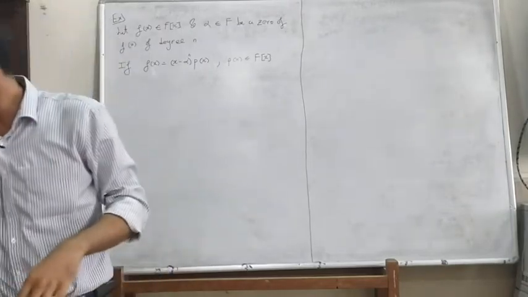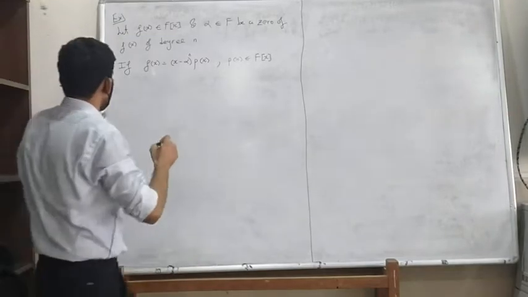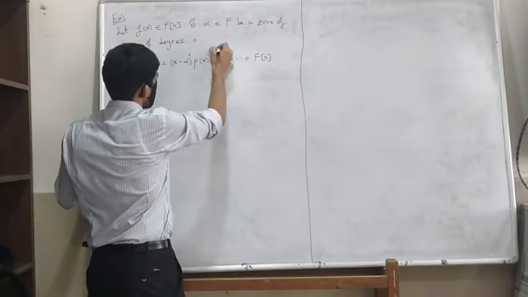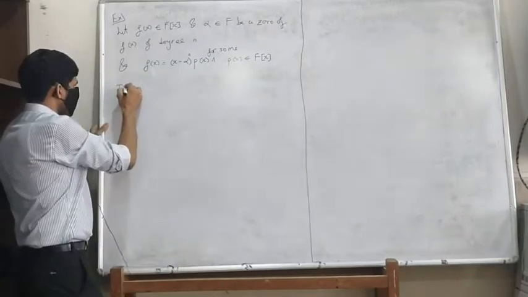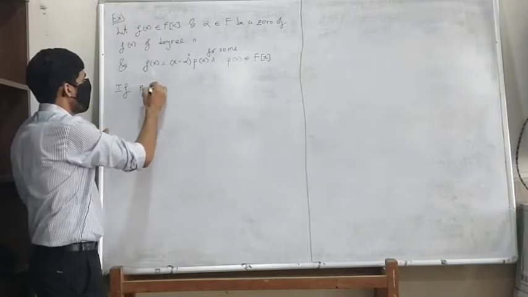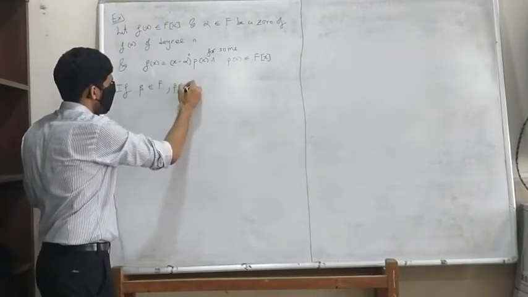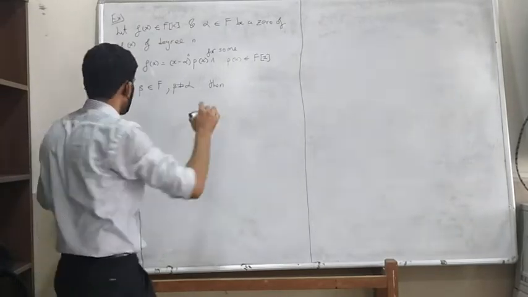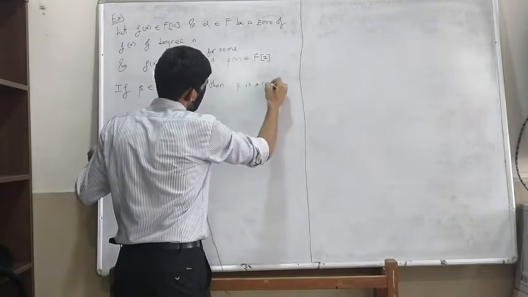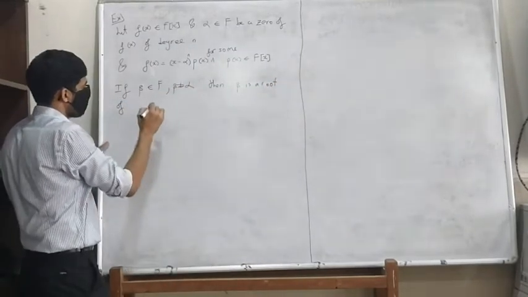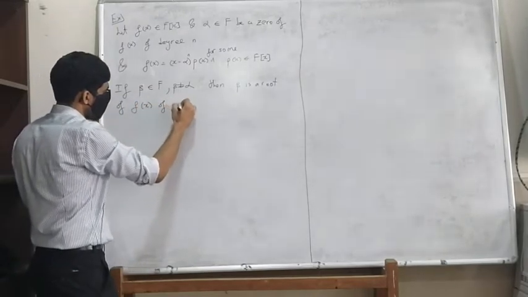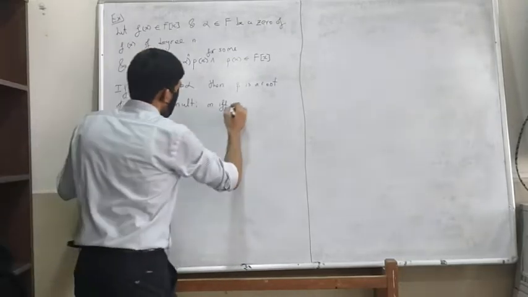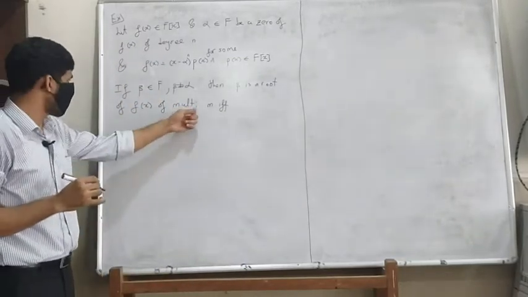So if beta is some element in F where beta is not equal to alpha, then beta is a root of f of x of multiplicity m if and only if... what do you expect? How can I relate this to beta being a root of p of x?